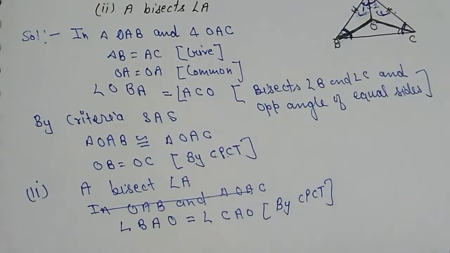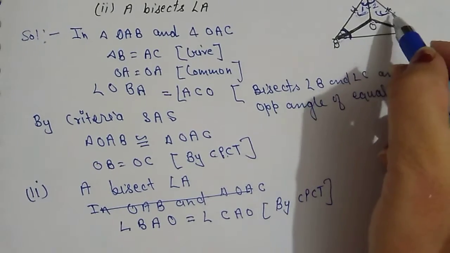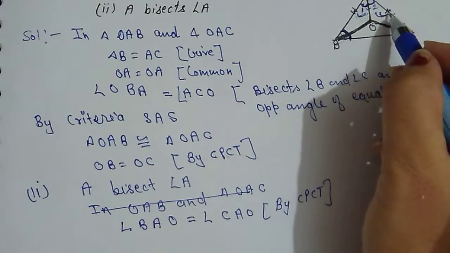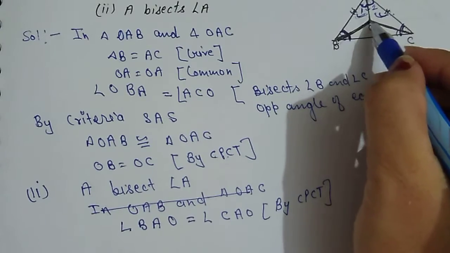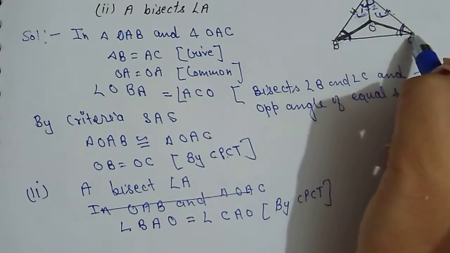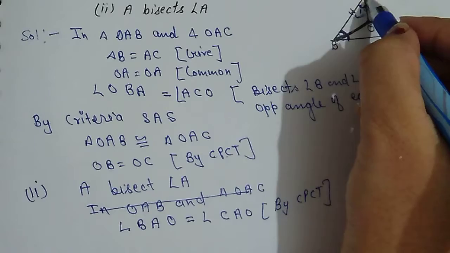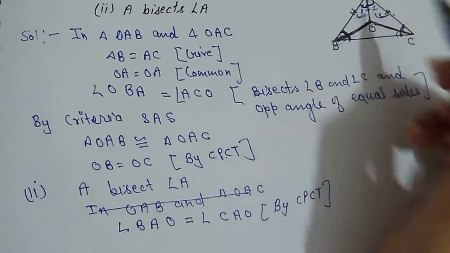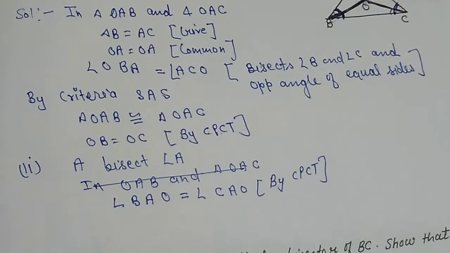If you rotate this triangle, this part comes to this point, and this comes to that point. It means this angle is equal to this. I hope this question is clear.